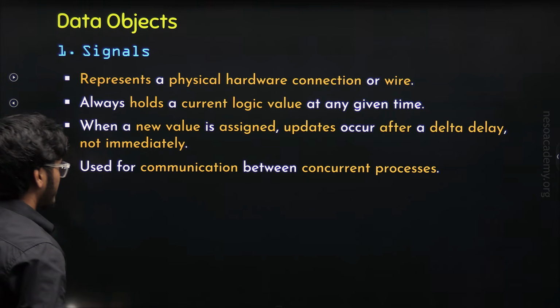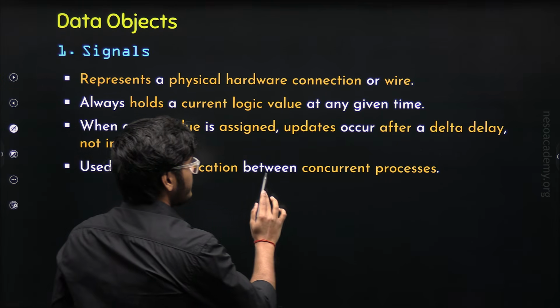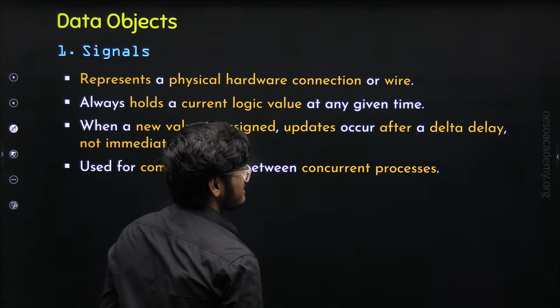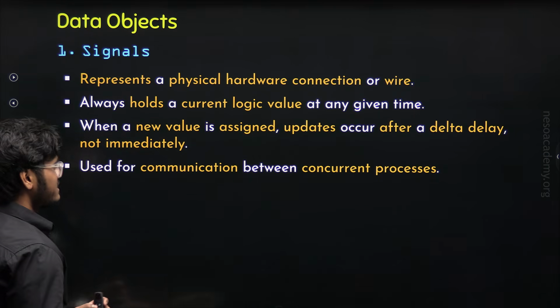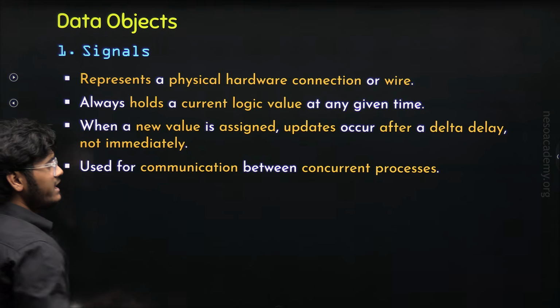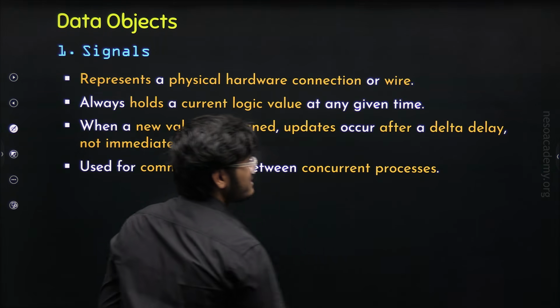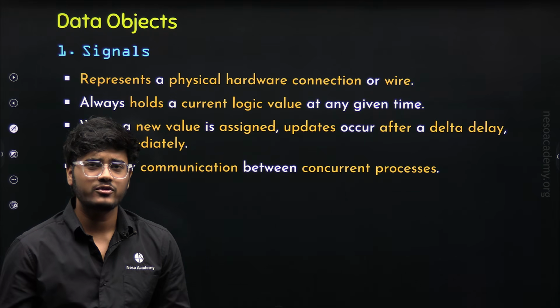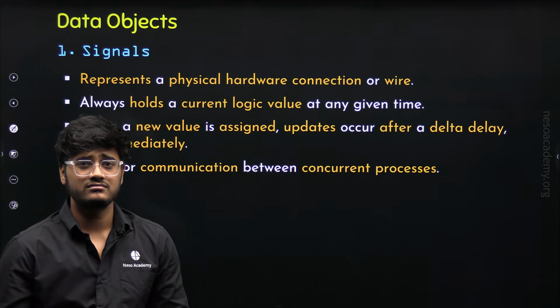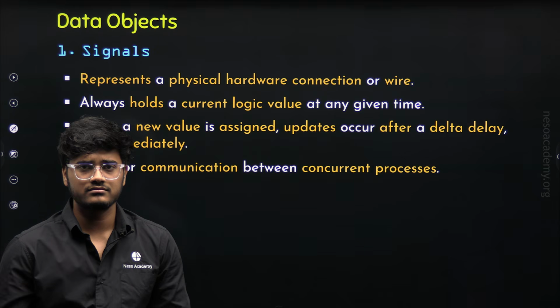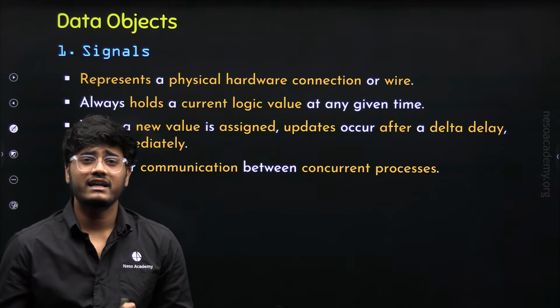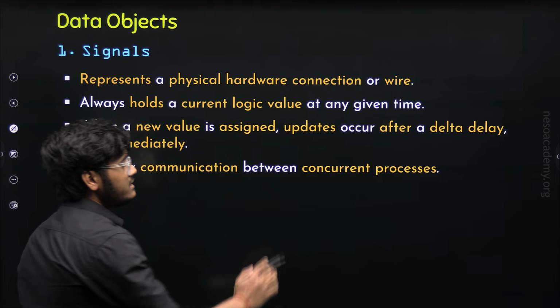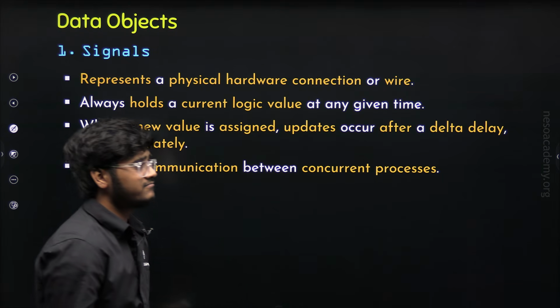And signals are used for communication between concurrent processes. That is, signals are used for communication between parallel processes. We all know in VHDL, multiple processes run in parallel, that is, at the same time. And signals act like wires which connect these different processes.